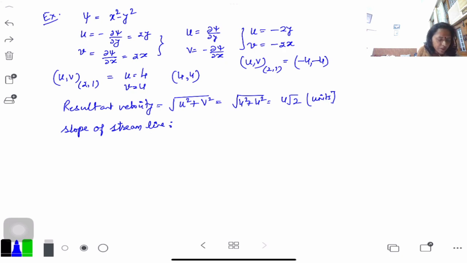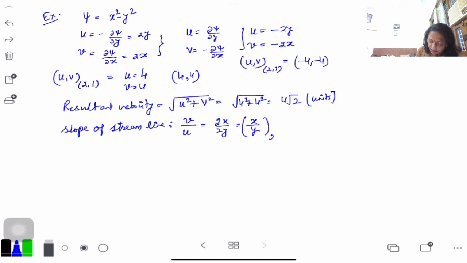Slope of a streamline will be v upon u, which means 2x upon 2y. So it is x upon y. It may be asked at different points.